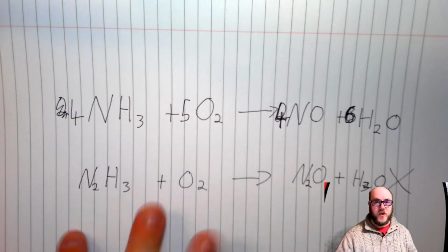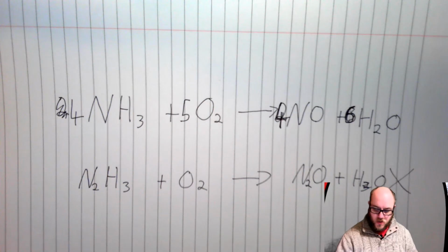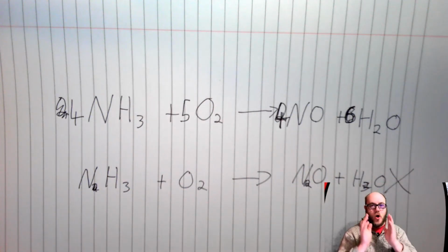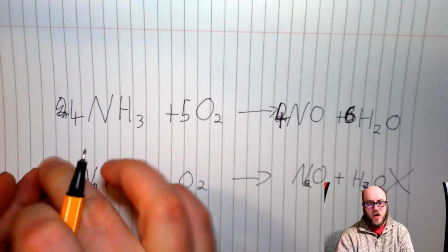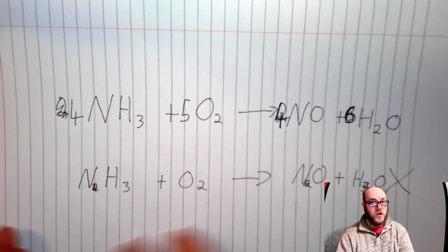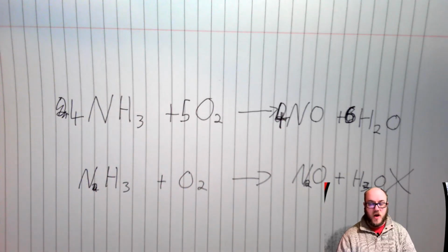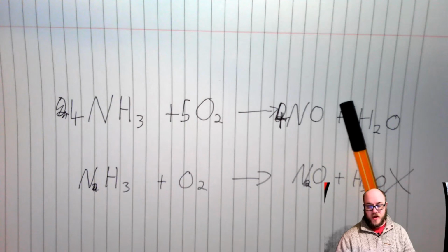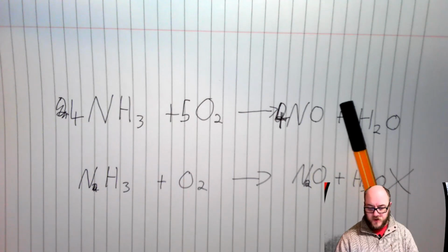Now I've got 2 nitrogens on either side. No, wrong. You cannot, again, change those molecules. The only thing you can do is add multipliers at the beginning of the molecules. Okay, you can have 2 lots of NH3 and 2 lots of O2, or 5 lots of O2, but you cannot have any O5s, for example.